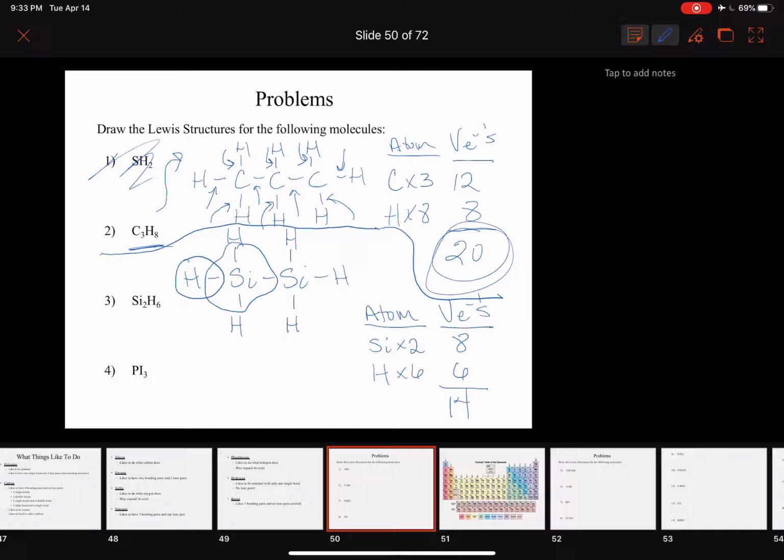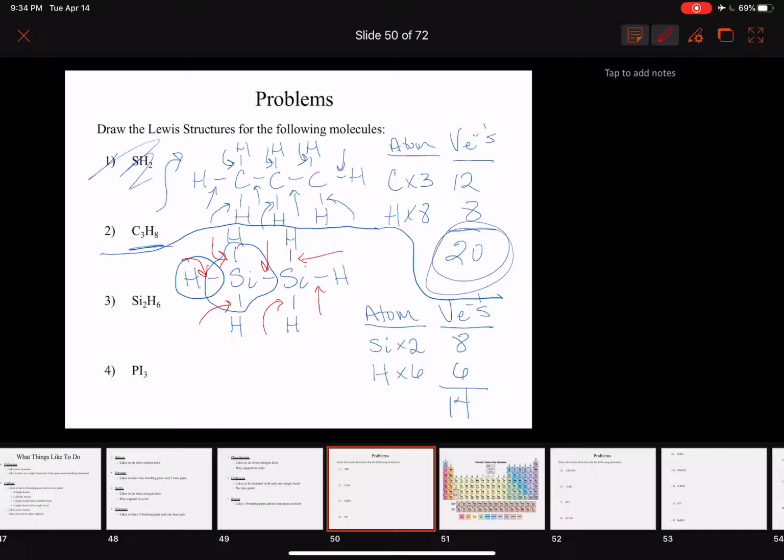And then we want to go ahead and count the number of electrons in the structure that we drew just to make sure we've got the right one. Okay, so we've got 2, 4, 6, 8, 10, 12, 14. Ding, ding, ding, ding. We've got a good structure there.